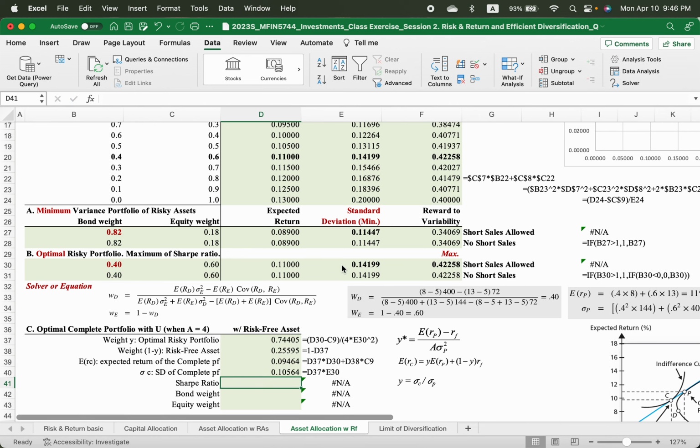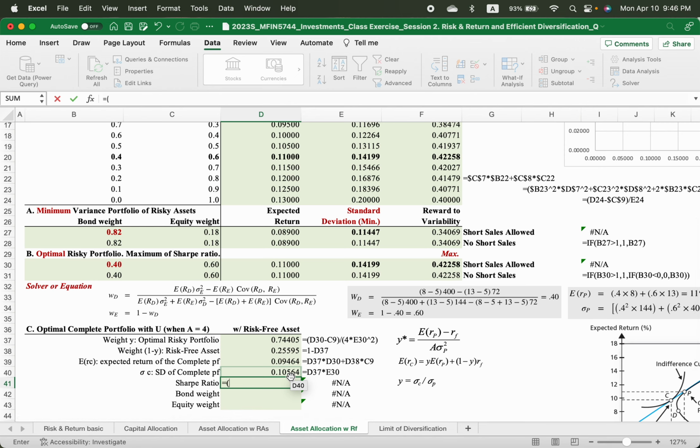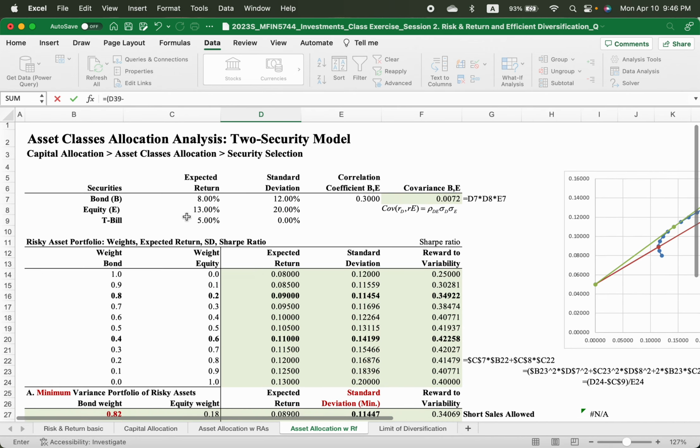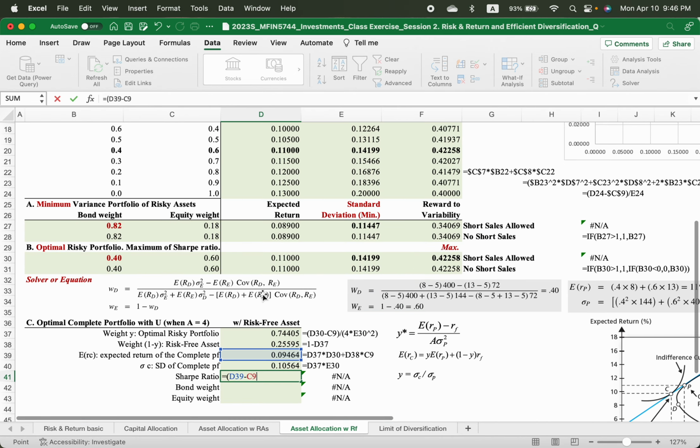So finally, we got this 10.56%, which is the standard deviation of a complete portfolio that is comprised of the risk-free asset and risk asset. Now, the Sharpe ratio of this complete portfolio is the expected rate of return of this portfolio minus the risk-free asset 5%, divided by the standard deviation of the complete portfolio.